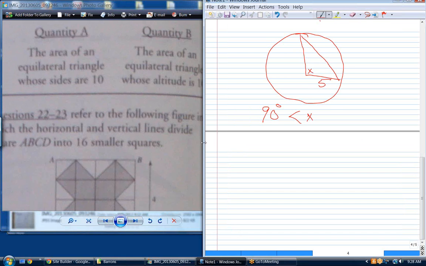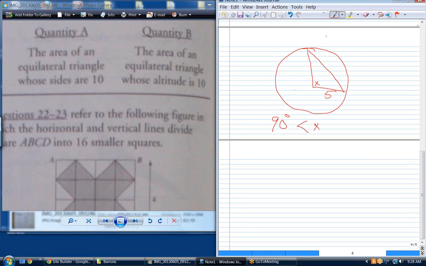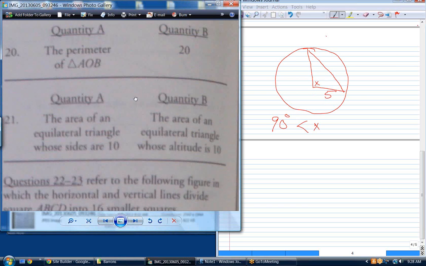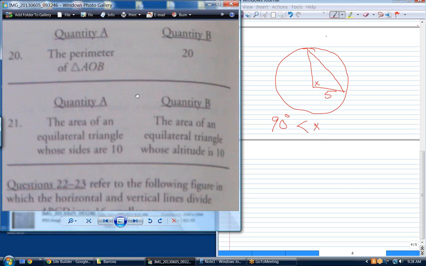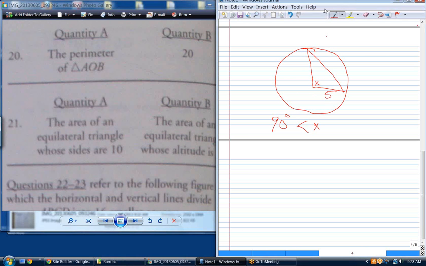Oops. And this is referring to the same problem. Oops, no it's not. 20 is. The perimeter of triangle AOB, or 20.